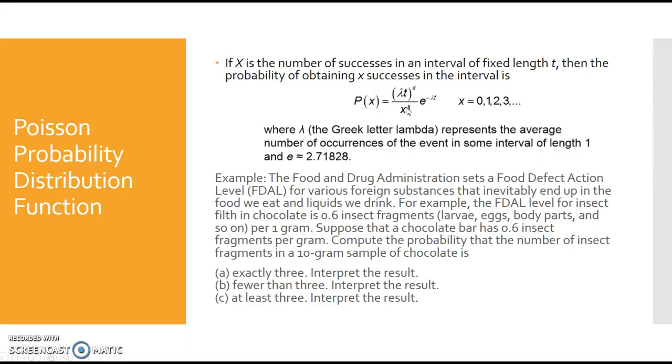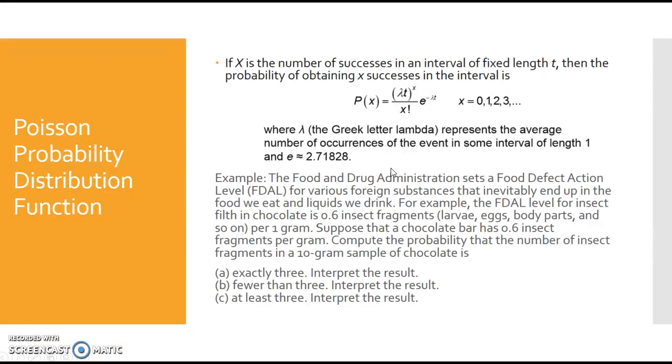It represents the average number of occurrences in an interval of length 1. And if you don't know e, it's 2.71828. So that's an average of occurrences, lambda. Okay?